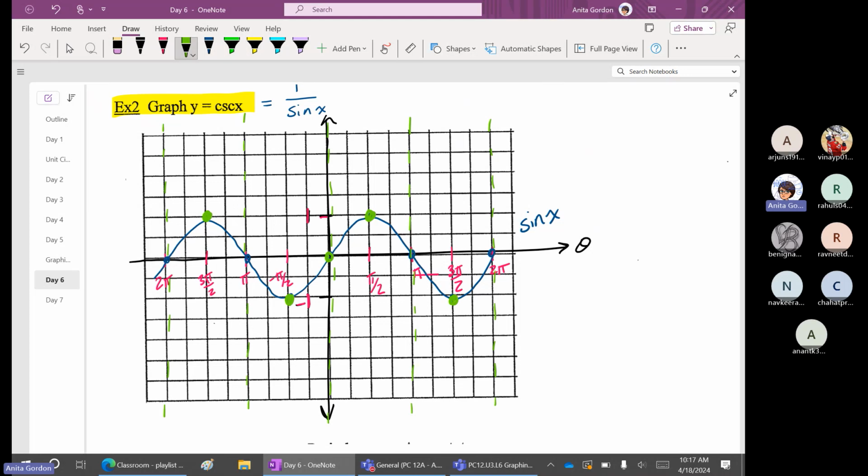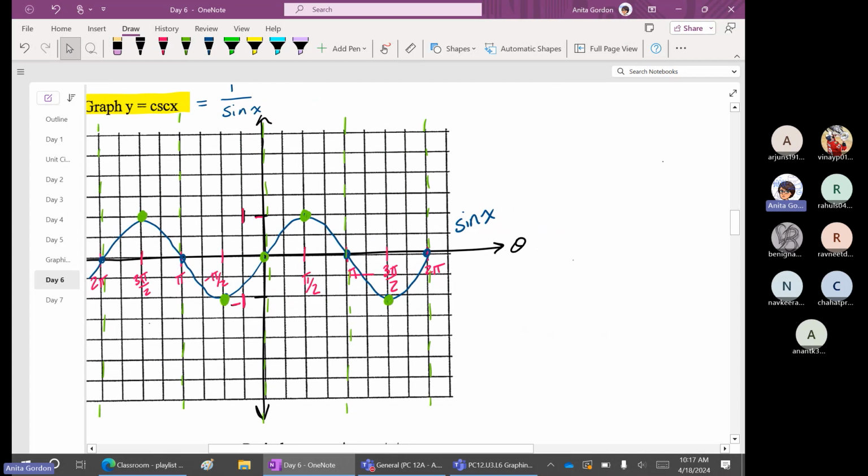Now we've got to look at something between. All of the in-between numbers are going to be smaller than 1. Can you guys grab the calculator? I want you to test some numbers. 1 divided by 0.9, 1 divided by 0.5, 1 divided by 0.2.